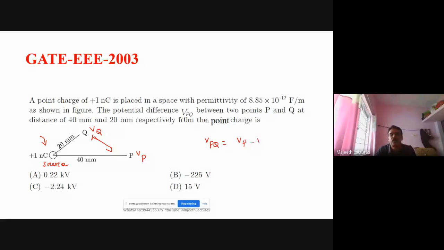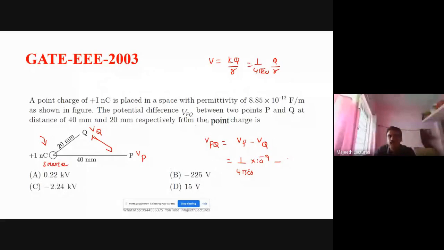The general formula for V, I told, is kQ by R, that is 1 by 4 pi epsilon naught into Q by R. Right? So VP means potential at point P. So it is 1 by 4 pi epsilon naught into Q, the source charge 1 nanocoulomb, so 1 into 10 power minus 9. Clear? Next, minus VQ.